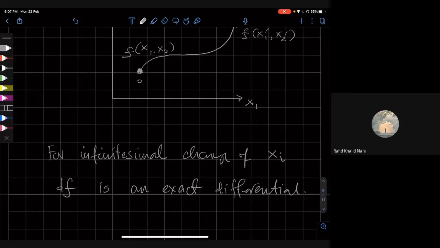Okay. Do you guys know about the difference between what is an exact and inexact differential?